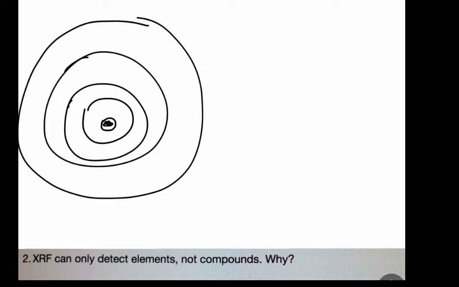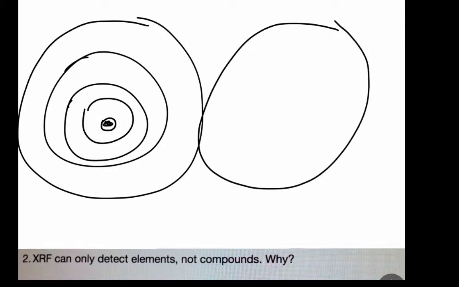Compounds really happen because what differentiates a compound is that there's essentially an exchange or interaction of the valence electrons.